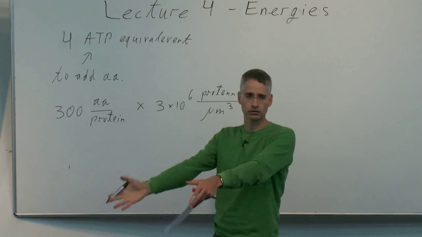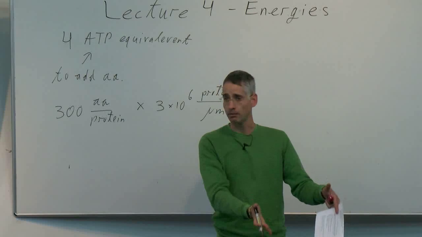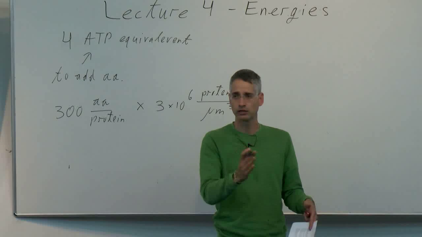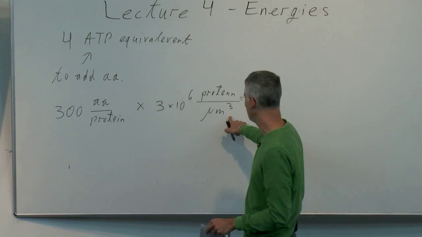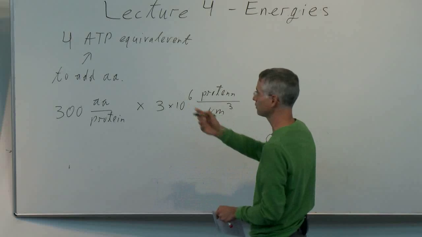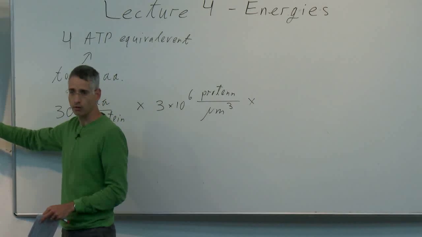We talked about a bacterial cell, but it's very similar also in a mammalian cell, to better than a factor of 2. So this would be per micrometer cubed, and we're talking about a cell of 1,000 micrometers cubed.